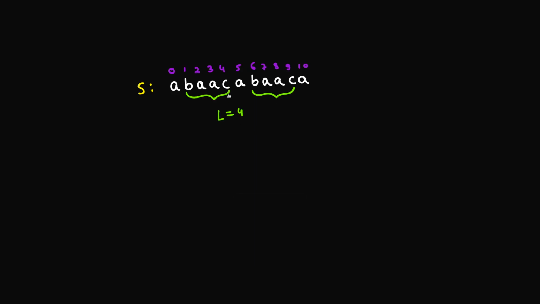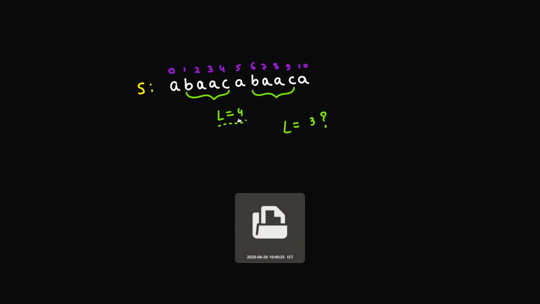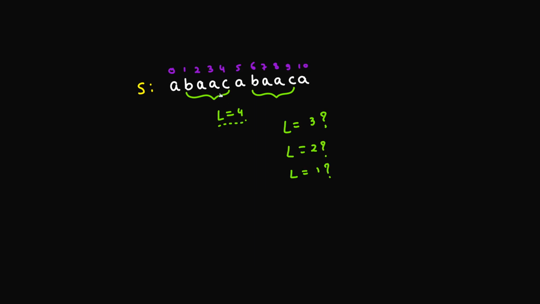Now if this section of length 4 repeats, what can we say about the sections of length 3, length 2 and length 1? If I know that there is a substring of length 4 which repeats, well, if I only consider say BAA, that is a substring of length 3 inside this substring of length 4, right? Definitely if BAAC whole repeats, then BAA will repeat as well.